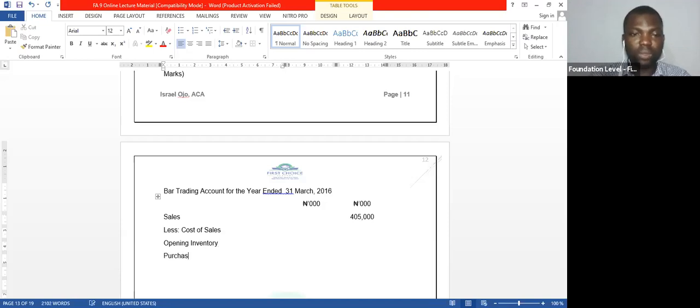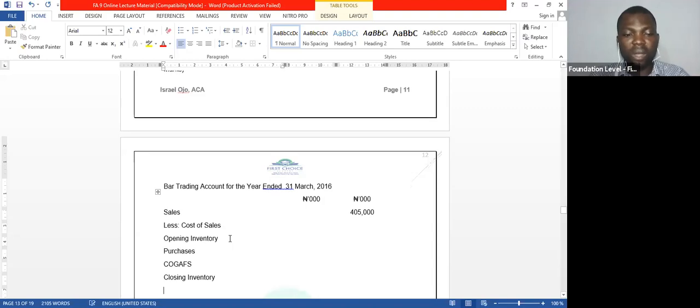We add up the purchases to give us cost of goods available for sale. Then after that, we less our closing inventory. When we less our closing inventory, that will give us our cost of sales, and then our gross profit.